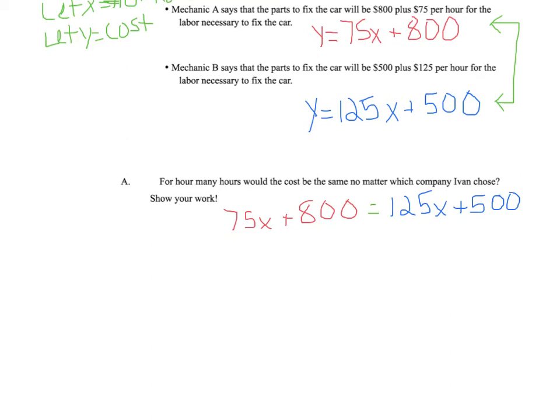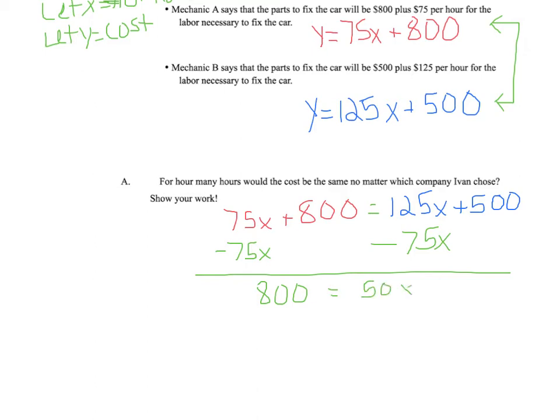Now it's as simple as solving for x. So I'm going to solve for x in green. So first thing I would do is get all my x's on one side. So I'm going to subtract 75x here and on this side. And I'm going to get 800 equals 50x plus 500. And subtract 500 from both sides to get x alone.